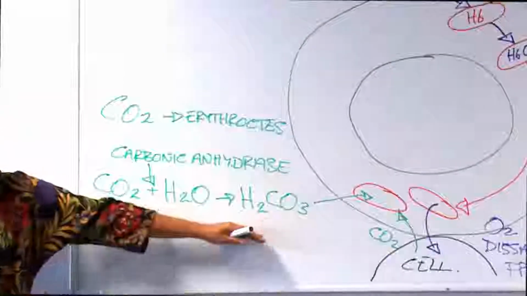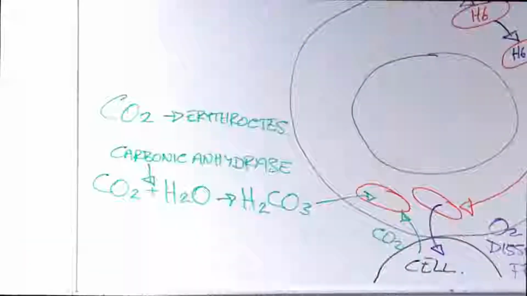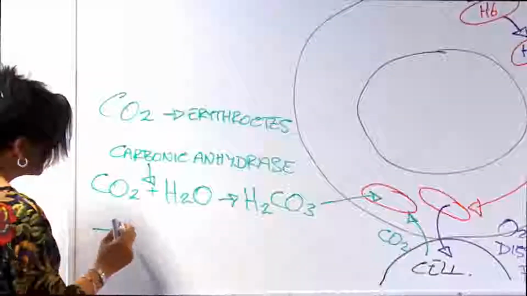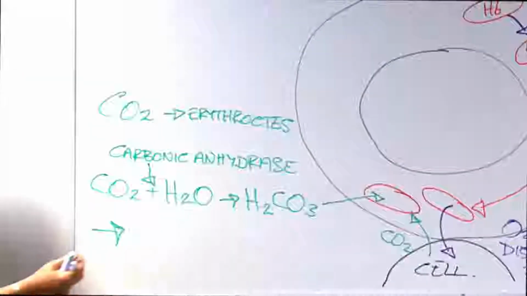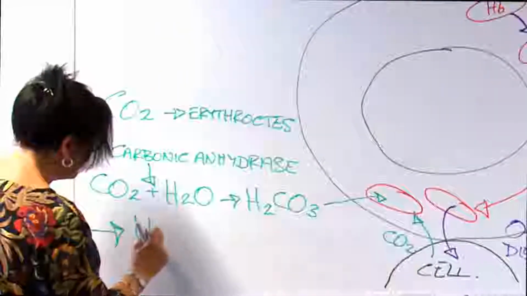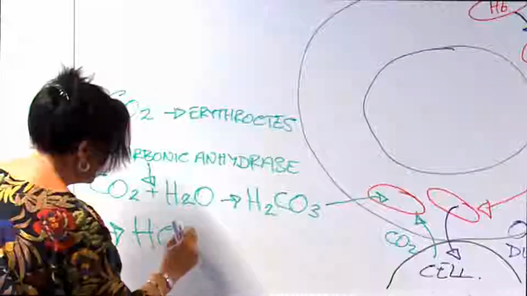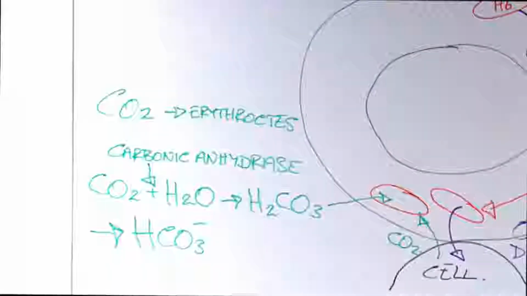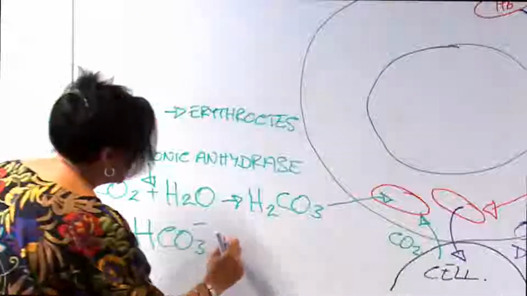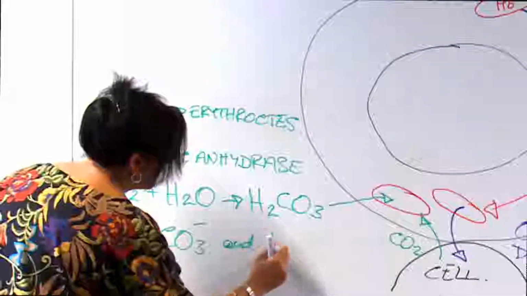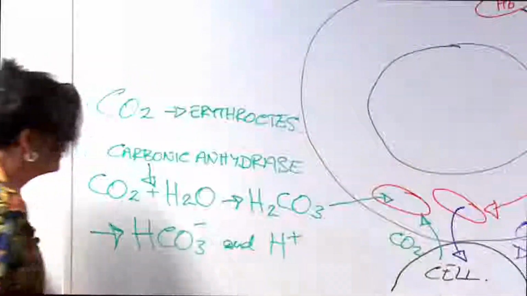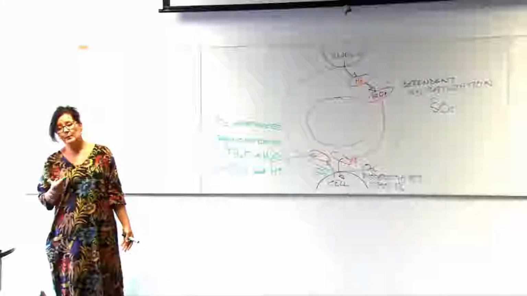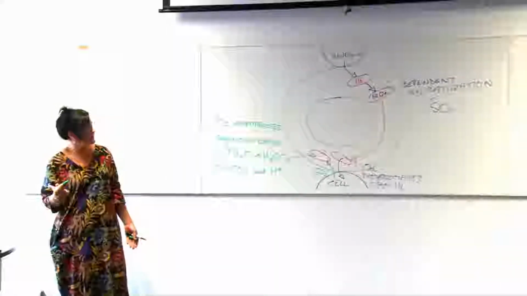Carbonic acid quickly dissociates into our bicarbonate. So we end up with HCO3 minus and some protons. Most of those protons actually stay within the erythrocyte, but some do come out.